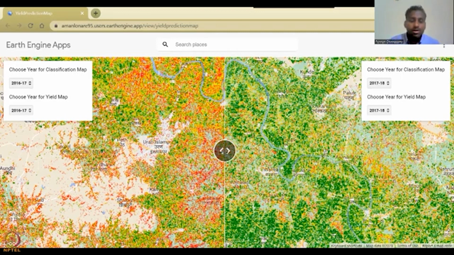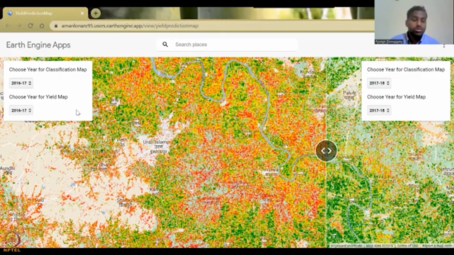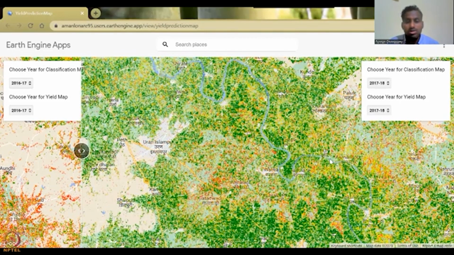We have that. So you can see how this map readily captures it. On the left, the 2016-17 map shows clearly that it's not growing well. The yield is still less, or the cropping pattern has changed. It is not the same.